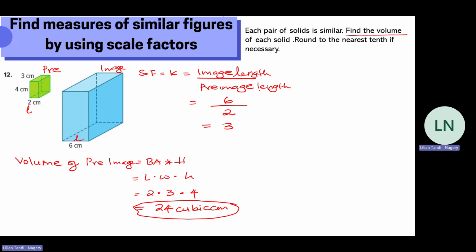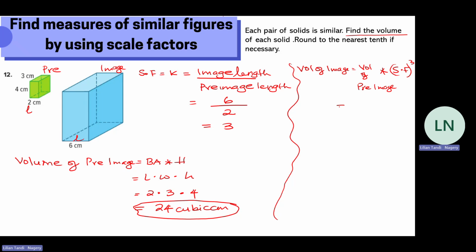Now I want to find the volume of my image. So I'm gonna write here, volume of image equals volume of pre-image multiplied by scale factor, but because it is volume, you cube it.